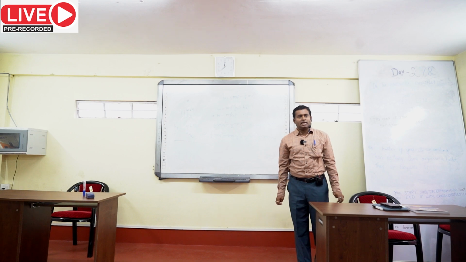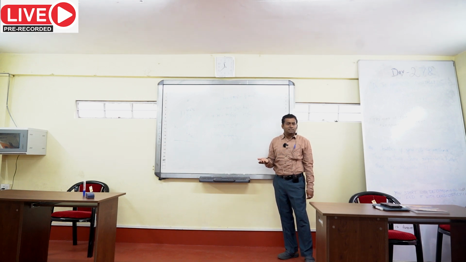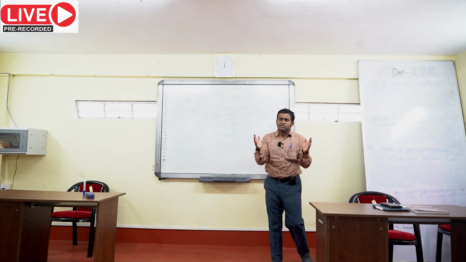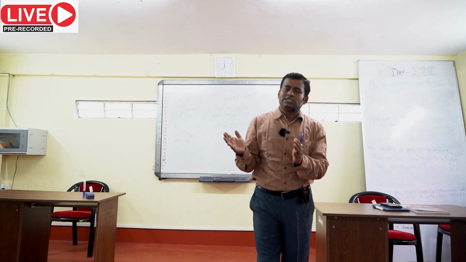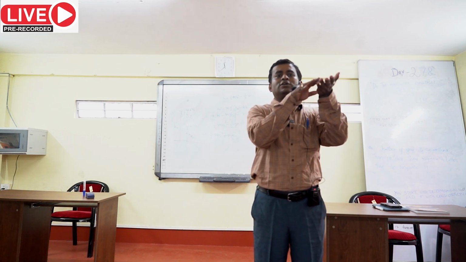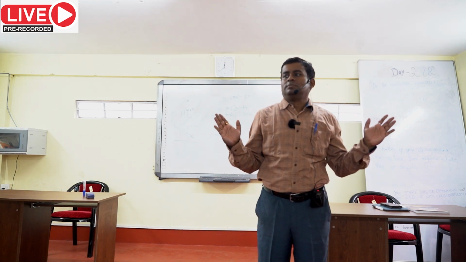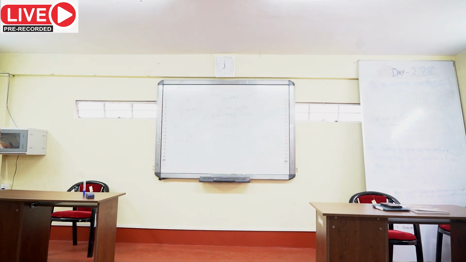You can also say that increase in kinetic energy equals decrease in potential energy, while total mechanical energy is fixed. A part of it is kinetic, another part of it is potential. So if one increases, the other will decrease, but the total sum remains the same. That is called the conservation of mechanical energy.